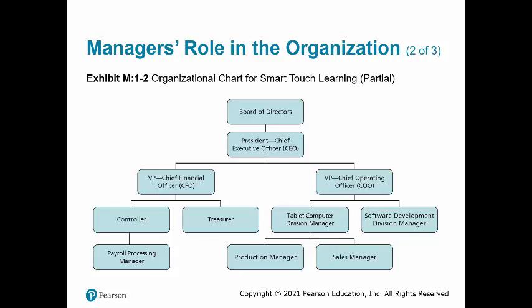If you remember back to Principles 1, Smart Touch Learning started out just providing e-learning services to their clients, but over time they began to purchase tablet computers and sell those along with their e-learning software, so they became a merchandiser. So in the managerial chapters that we are going to be studying, Smart Touch Learning is now deciding to become a manufacturer of the tablet computers.